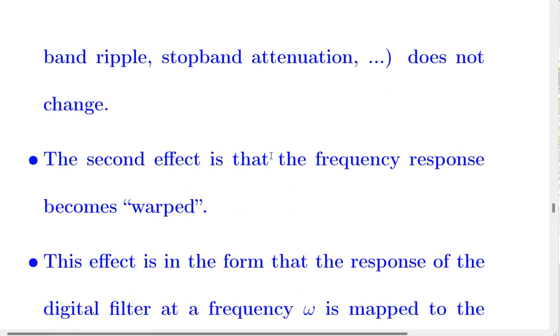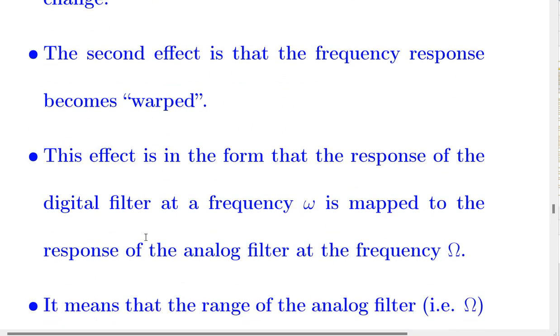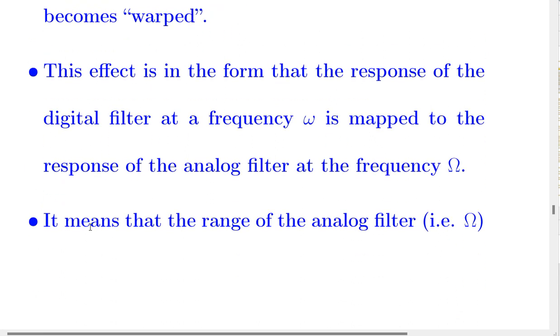The second effect is that the frequency response becomes warped. The response of the digital filter at a frequency omega is mapped to the response of the analog filter at the frequency of capital Omega, not with a linear relation but with a tangent form.